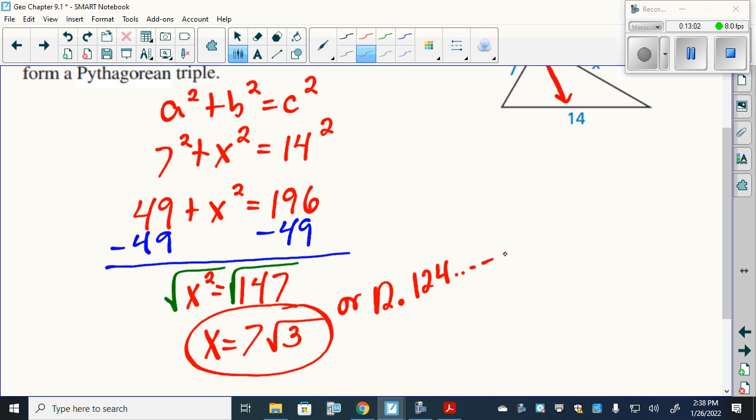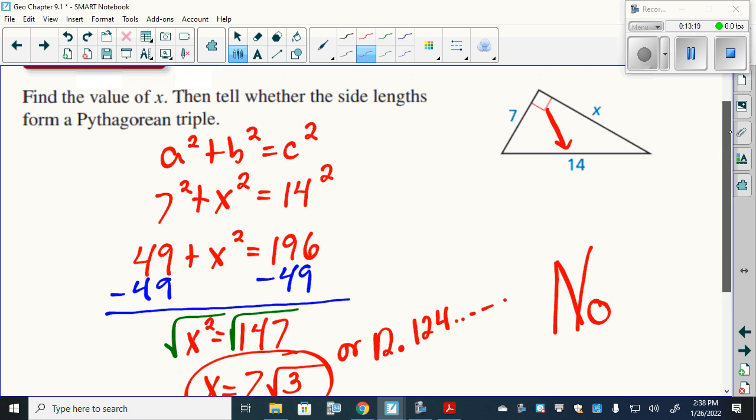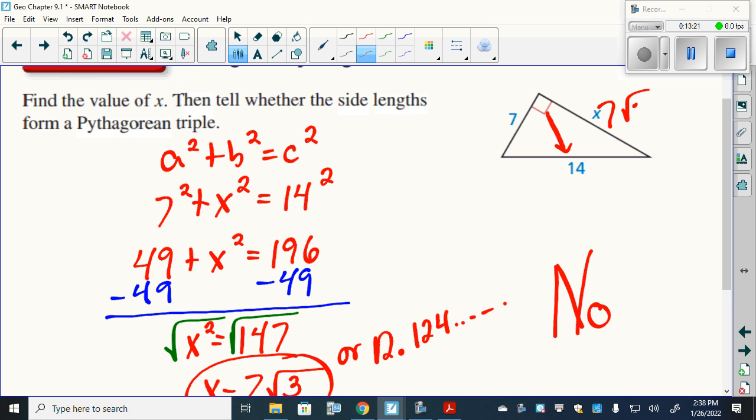Yeah. So can we say that these three side lengths are a Pythagorean triple? Okay, now question. Whatever, a decimal just keeps going on and on. We just put the first square root. Yes, or we can put it as 7 square root of 3, because the answer here would be 7 square root of 3.